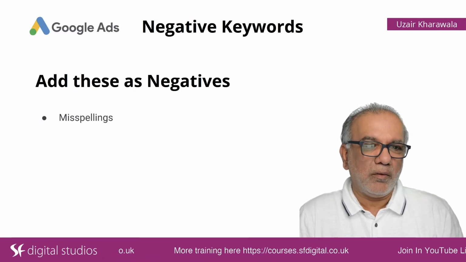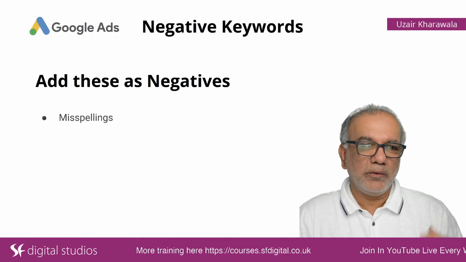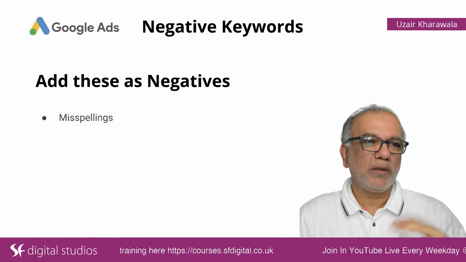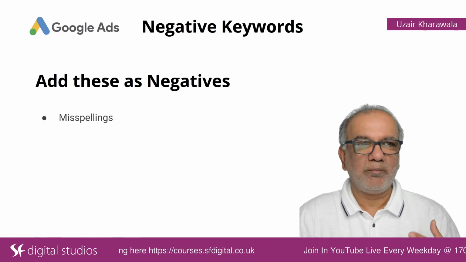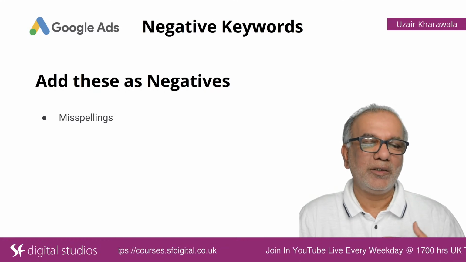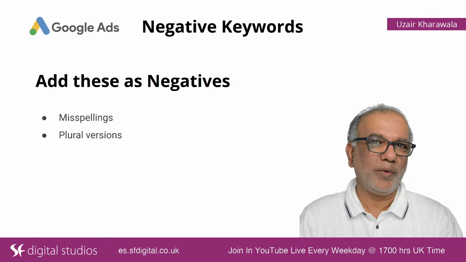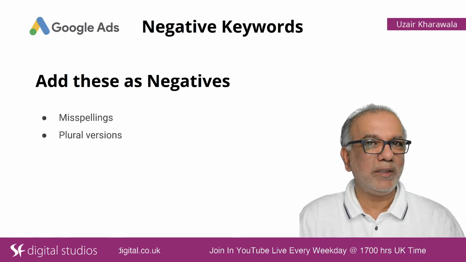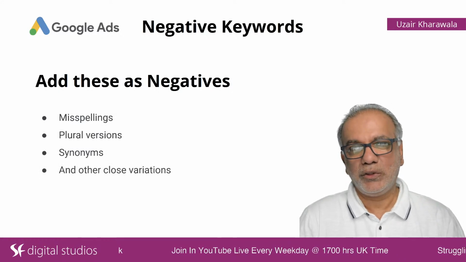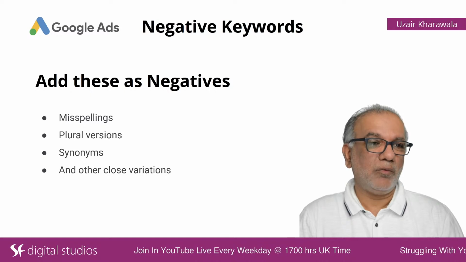So now when you are using negative keywords, as I said earlier on, they pretty much work the opposite way. If you were using exact match keywords, Google will show ads for misspellings or plurals or close variants, but with negative keywords they won't. So you need to make sure that you have all of these bases covered.